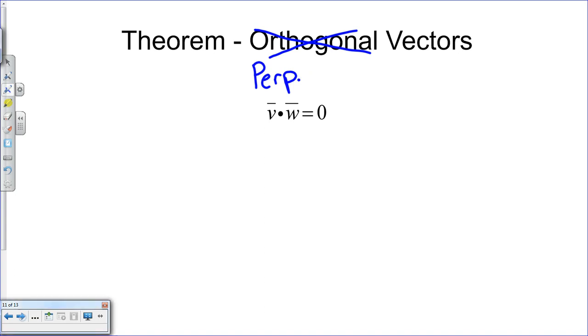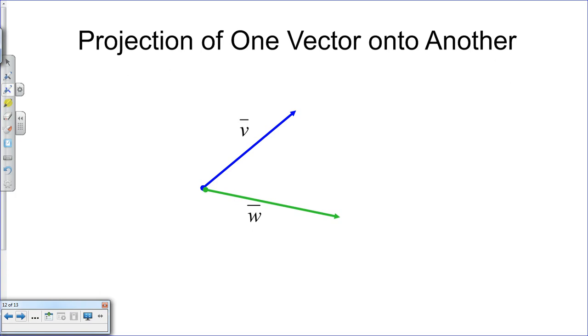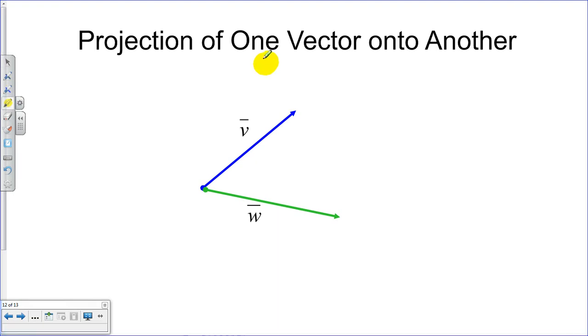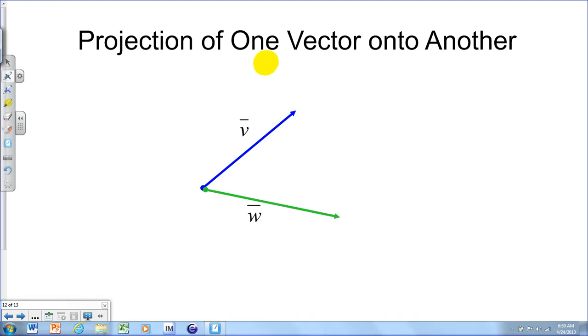Now, this is probably going to be the most complicated idea from this section, the idea of a projection. Now, the math is not difficult. The idea is a little bit troubling. So, I have two vectors, V and W. Now, a projection onto W, I like to think about it like a shadow. If we put the sun up here, straight above W, and V casts a shadow.